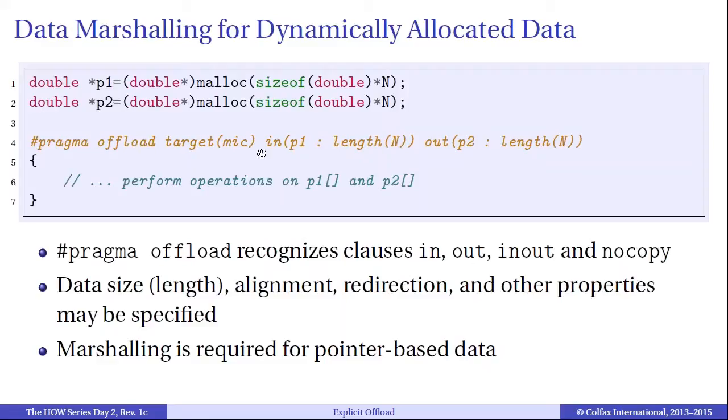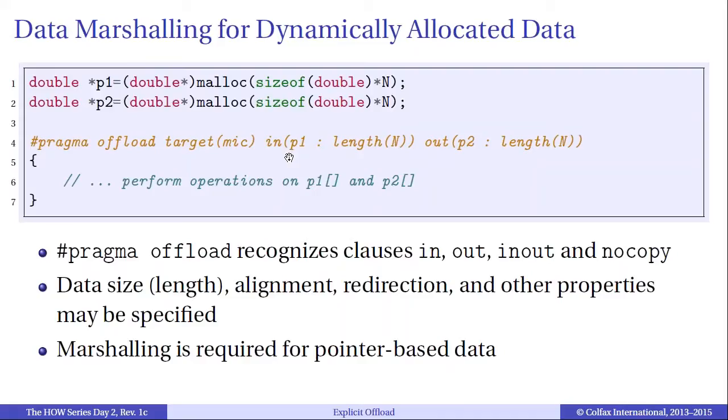If you try to offload data hiding behind that pointer to an std::vector, it will not compile because data marshalling is only for pointer-based variables.